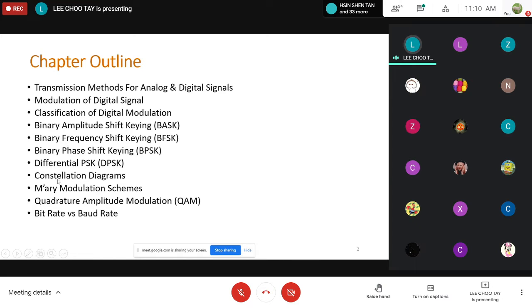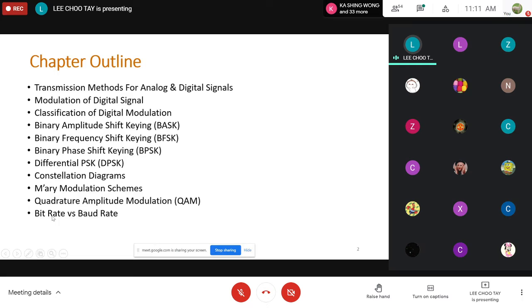Then we study the constellation diagram, which is related to phase shift keying. Then we look at other types of modulation schemes, called M-ary modulation schemes. The last modulation scheme we take a brief look at is quadrature amplitude modulation. I'm going to end this chapter with a short discussion on bit rate and baud rate.